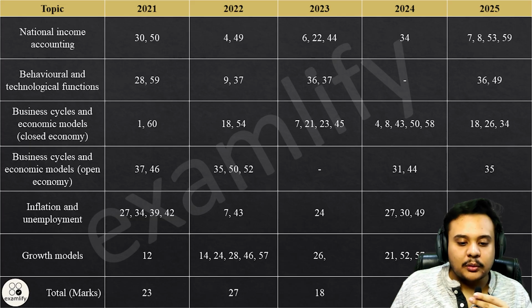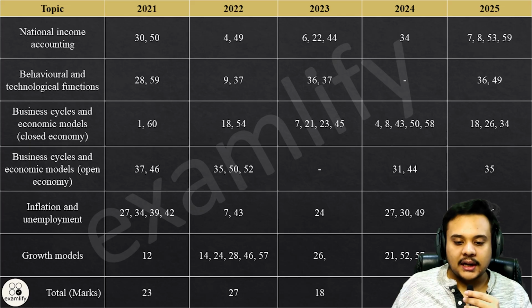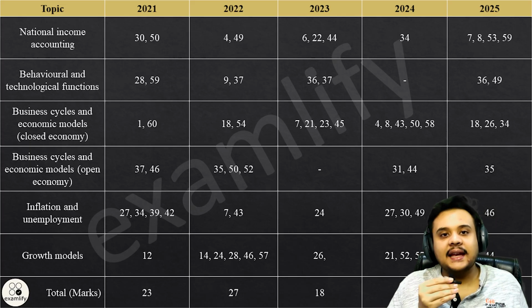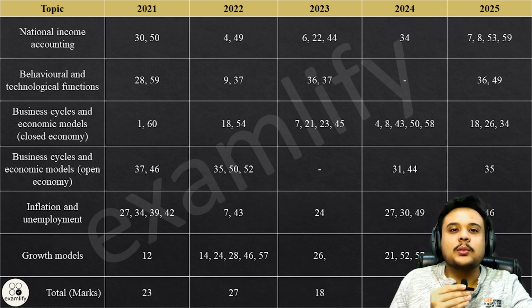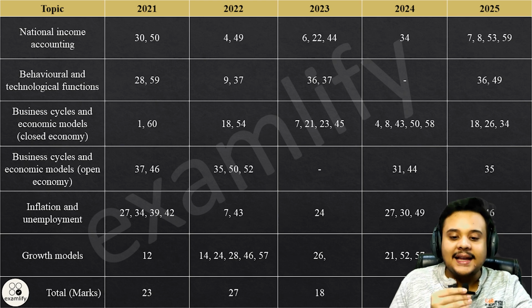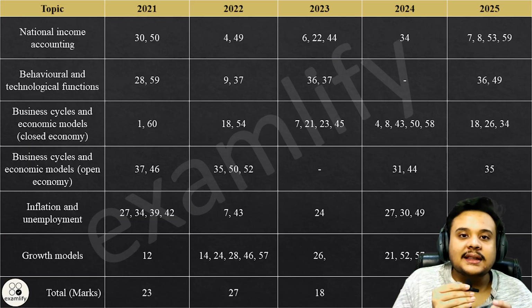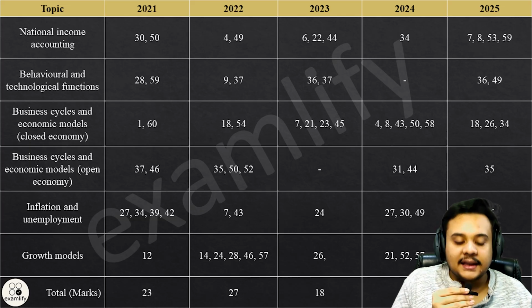Under growth models, the syllabus mentions the Romer model, the Schumpeterian growth model, and even the AK models for that matter. But you know that the growth models asked time and time again are the Harrod-Domar, the knife-edge, the Solow, the new classical. So that is what you have to understand by looking at the questions. That is what you have to put your primary focus on.